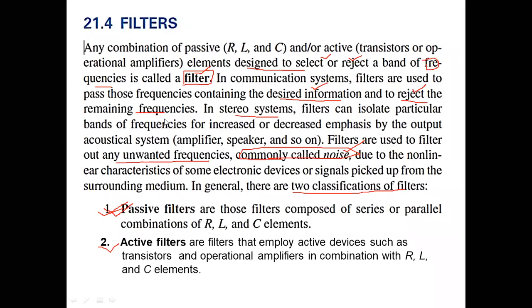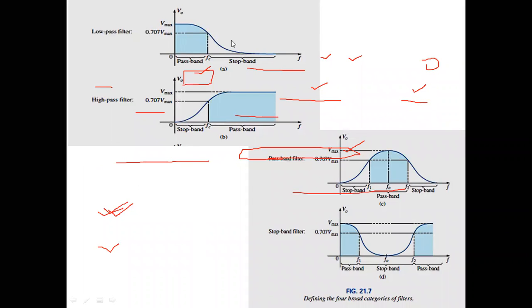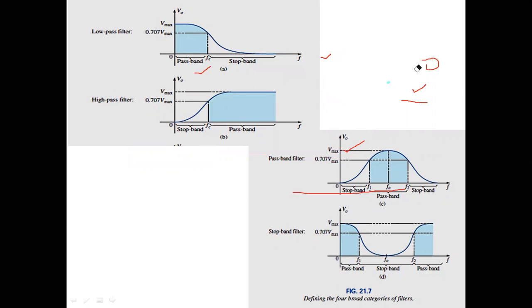Okay, move to the next slide. There are four basic types of the passive filters. The one is a low pass filter, and the other is high pass filter, the pass band filter, and the stop band filter.